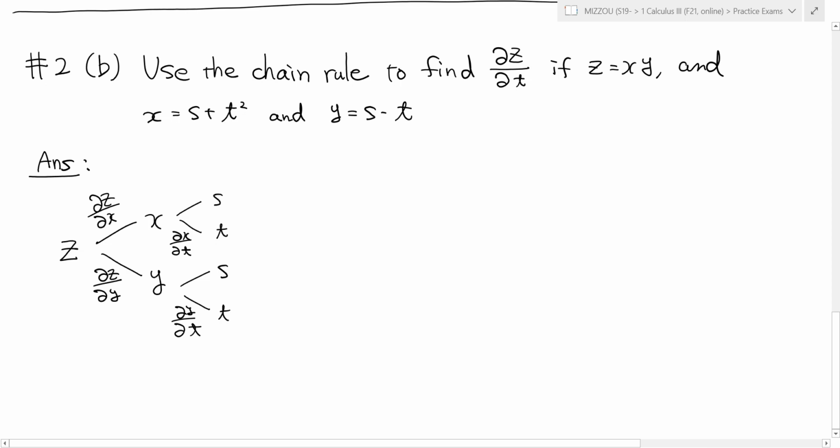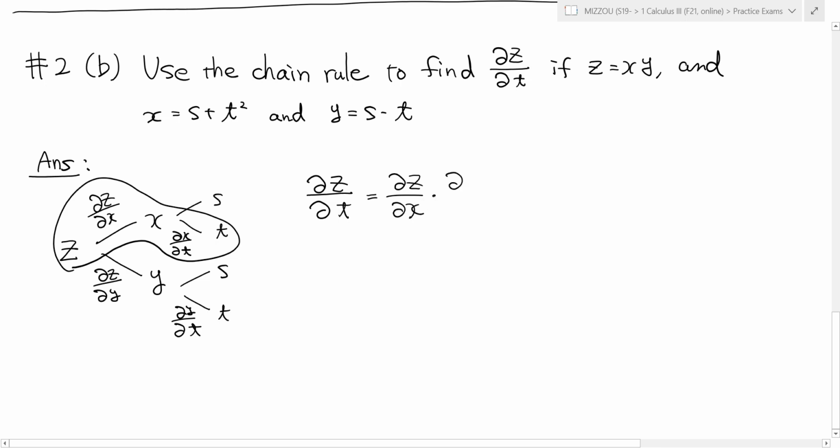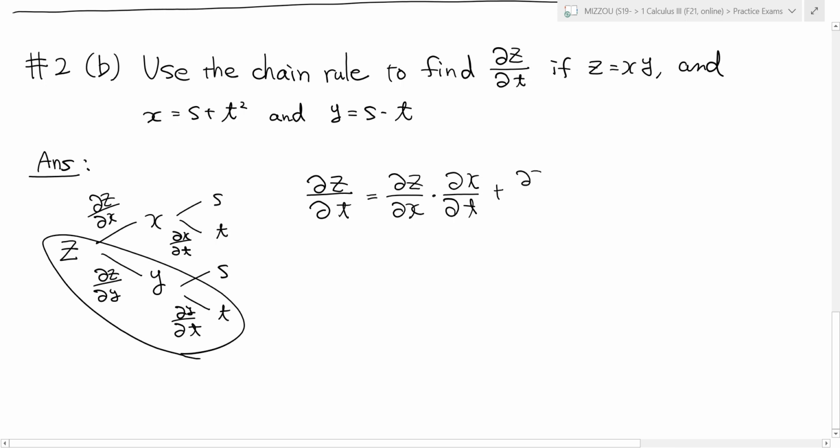So by the chain rule, partial z, partial t is, first you look at this path, partial z, partial x times partial x, partial t, plus, now you look at this path, partial z, partial y, times partial y, partial t.